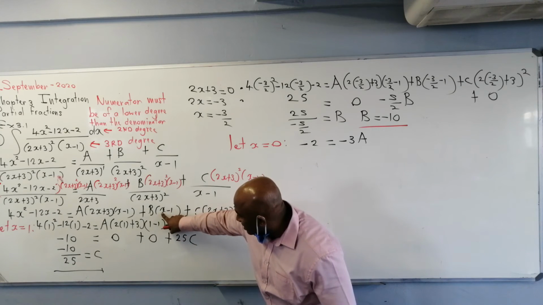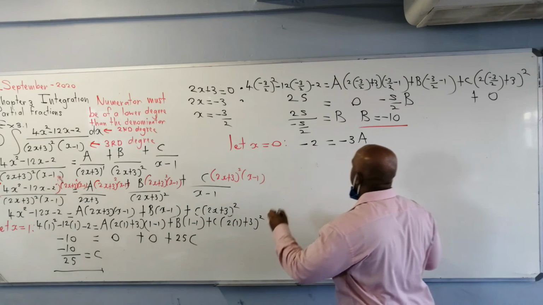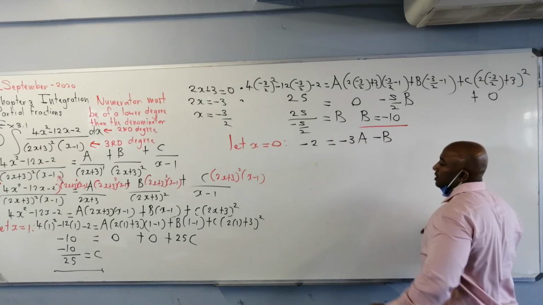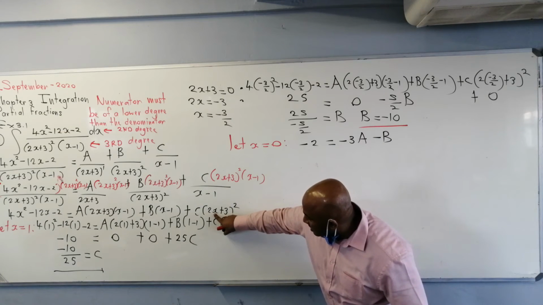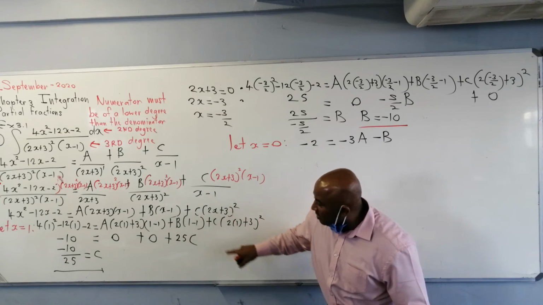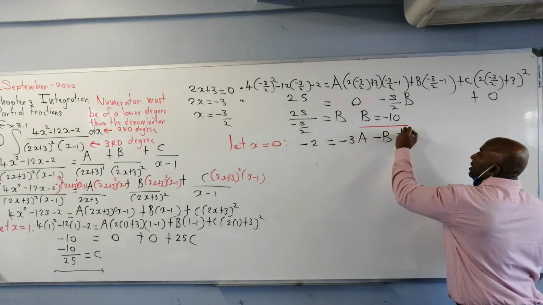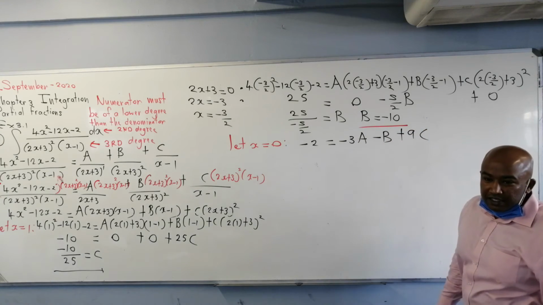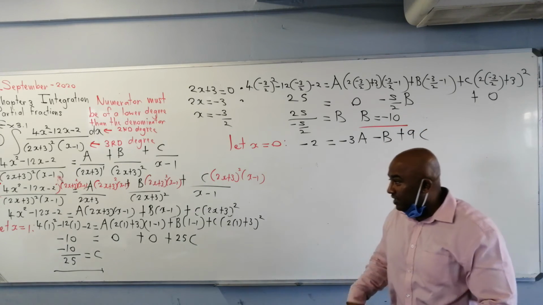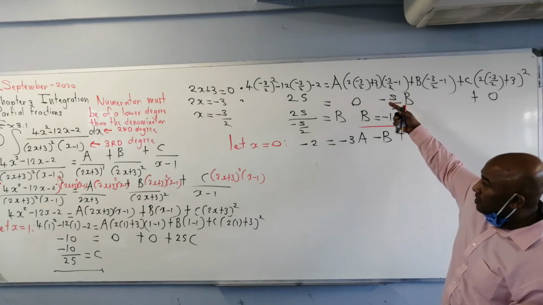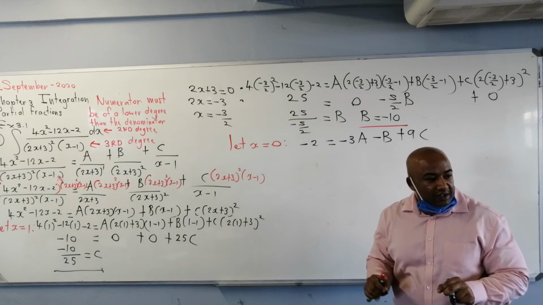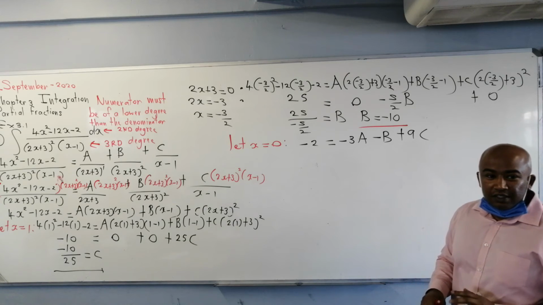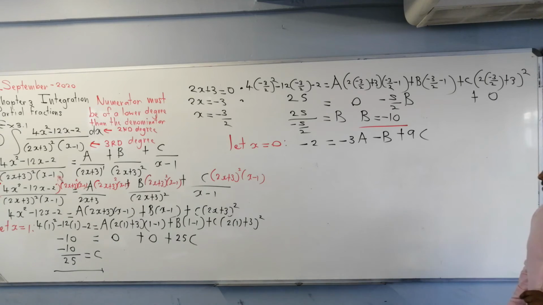You know this is going to be a 0, so minus 1 times B, minus B. You know this is going to be a 0, so 3 squared is 9, 9 times C is 9C. You saw how fast that was? Okay, you could have done it for the previous example, instead of going and actually writing down everything, but only once you know it properly.